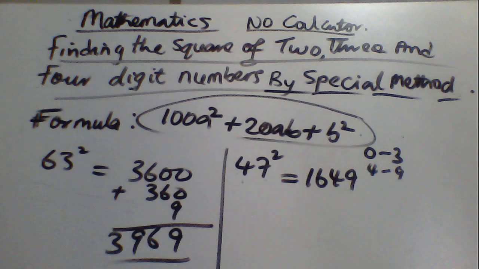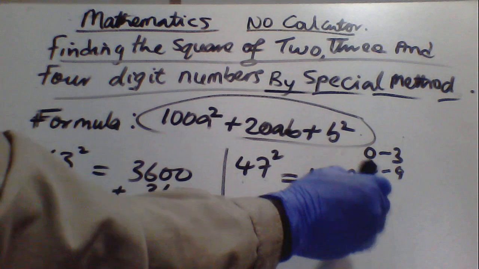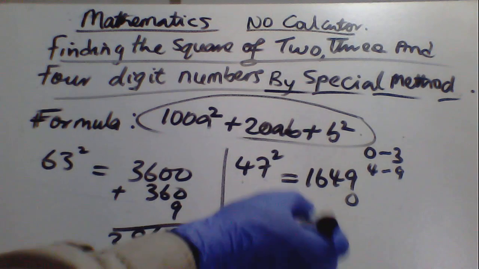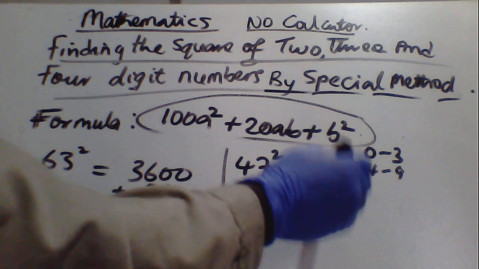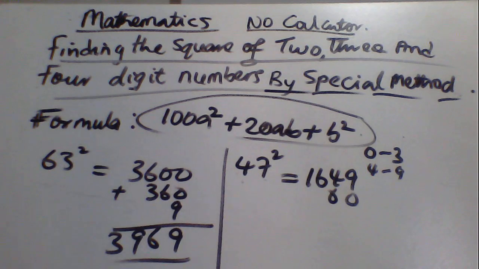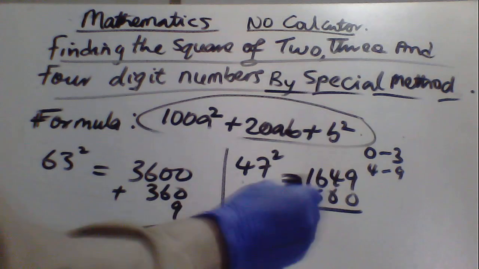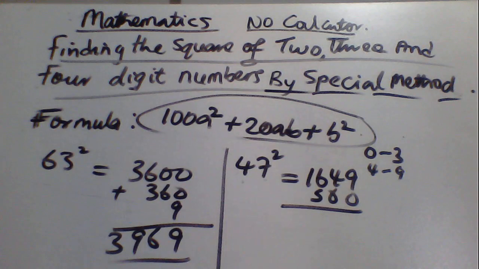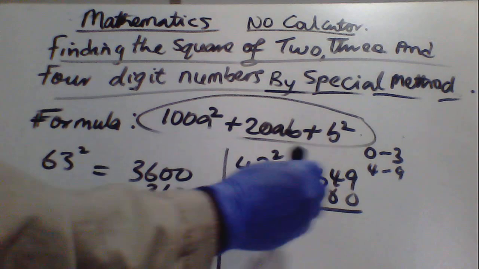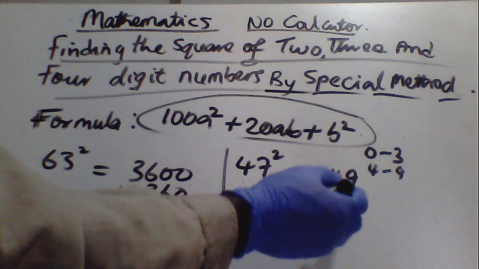4 times 7 will give us 28. 28 times 20: we write 0. Then 8 times 2 will give us 16, carry 1. 2 times 2 is 4, plus 1 is 5. So you see, you only write 2 rows instead of 3 rows and add up, because you have already added the squares of the two numbers.